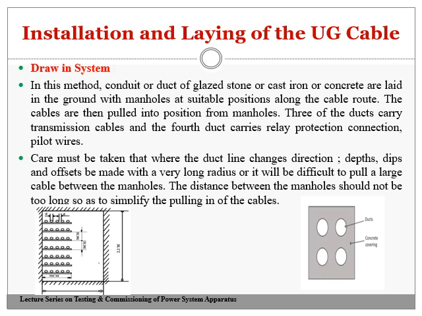The cables are then pulled into position at the manholes. Three of the ducts carry the transmission cable, and the 4th duct carries a relay protection connection. Depending upon the system, I can lay different types of cable in the particular drawing system.